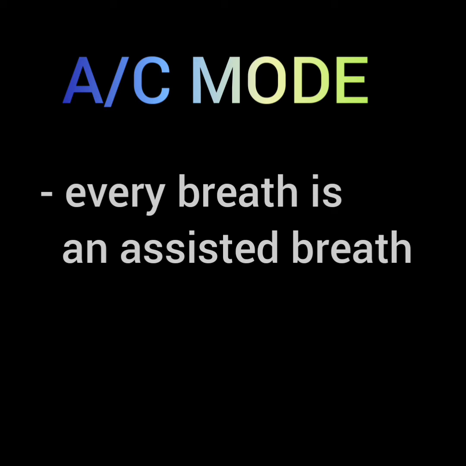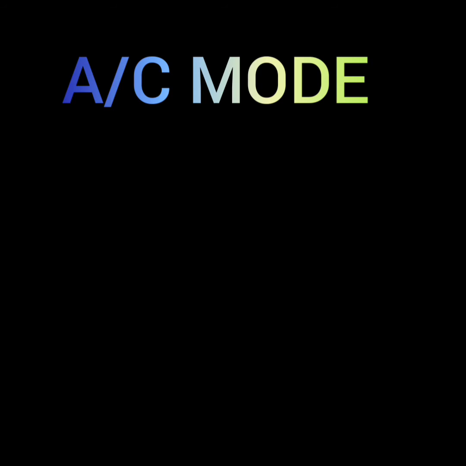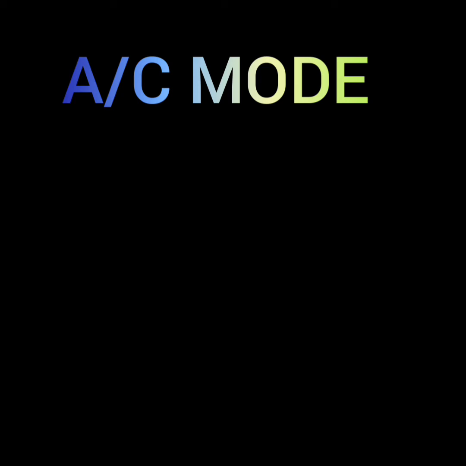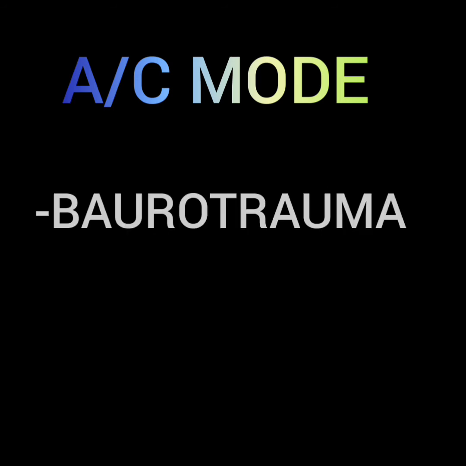If we keep such a patient in volume controlled assist control mode, it will result in a very high minute volume, a lot of CO2 washout, and respiratory alkalosis. If we keep the patient in pressure controlled A by C mode, it will result in increased overall mean airway pressure and barotrauma, as more high inspiratory pressures will occur.